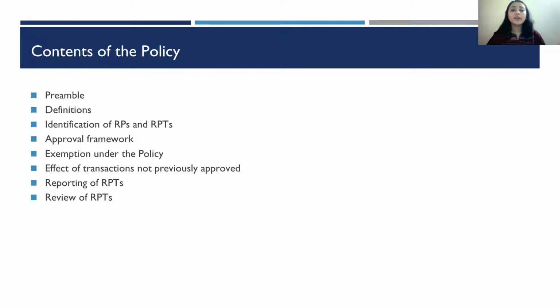One more requirement which has come by way of amendments is that the companies are now also required to prepare and keep a list of related parties of their subsidiaries as well. Where does this requirement come from?